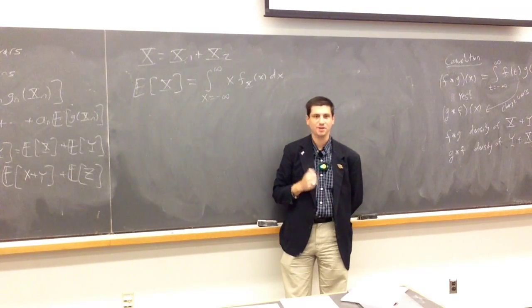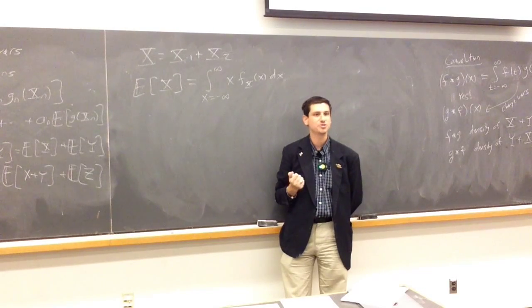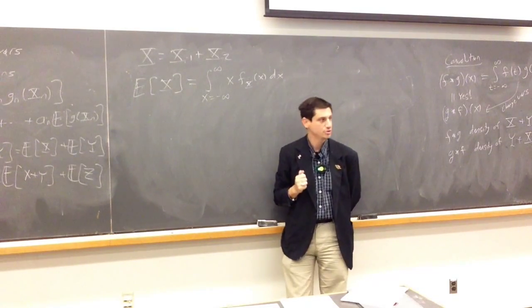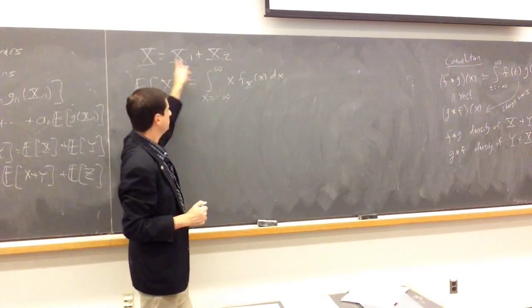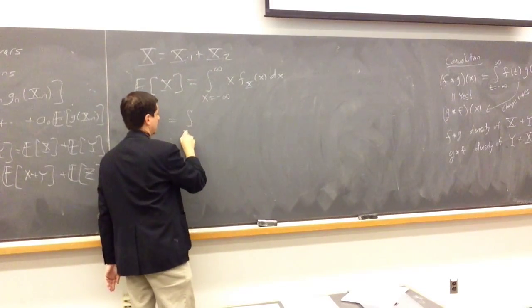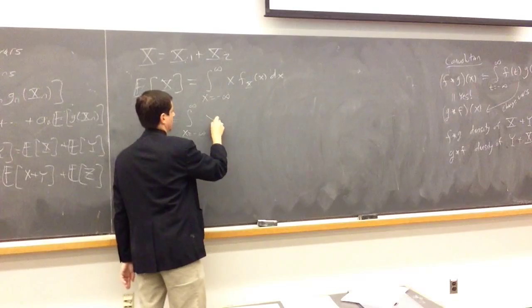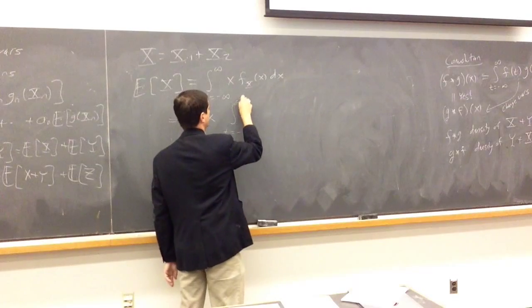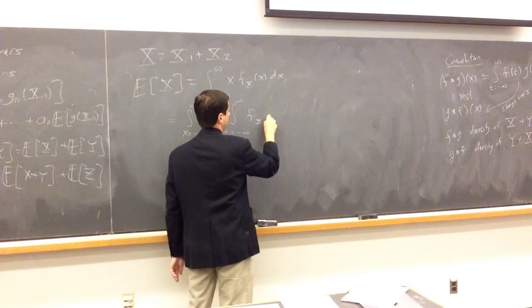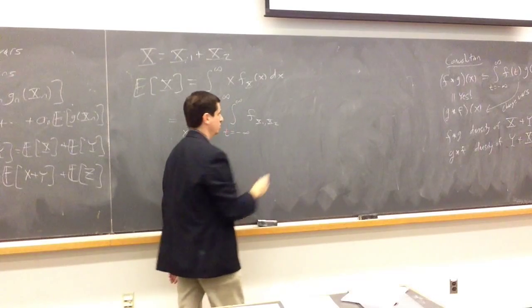What did we do in the first part of class today? A long time ago, I know. What did we start off today by doing? Joint distributions. This is a really good time now to use a joint distribution. What is the density function of my random variable being x? This is the same as the integral of x, x goes from minus infinity to infinity. Now I have some dummy variable, t goes from minus infinity to infinity, and I'll put the 2 subscripts, f of x1, x2.